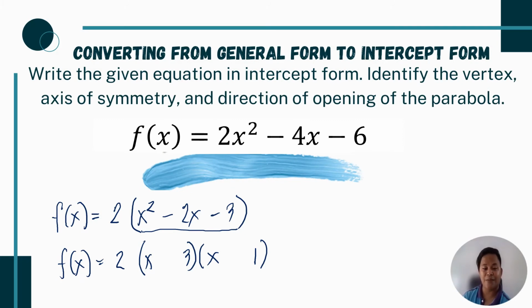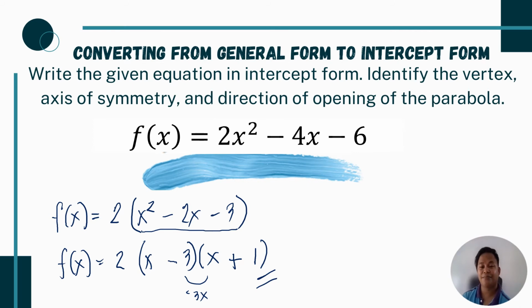And since negative po yung ating middle term, we're going to write the negative sign here to have negative 3x. Since if we're going to add 1x or x into negative 3x, the result is negative 2x. Therefore, the intercept form of this given function is f of x is equal to 2 times the quantity x minus 3 times the quantity x plus 1 po.